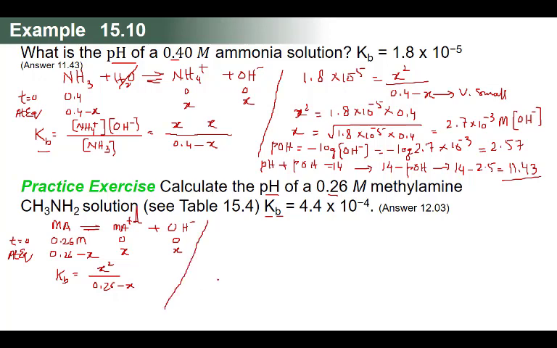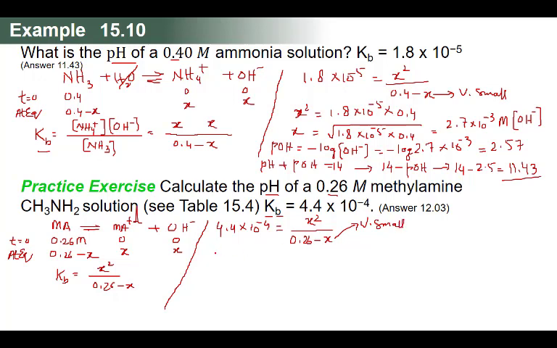Okay, so we write the value of Kb. Kb is 4.4 into 10 raised to the power minus 4, equal to x square upon 0.26 minus x. So this x is very small, so we can remove it.